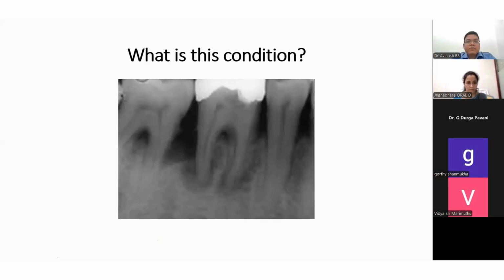Is it a primary perio, secondary endo, or a combined lesion? If some of you can put it in the chat box, what do you think it is? Whether it's primary perio, primary endo, or a combined lesion?